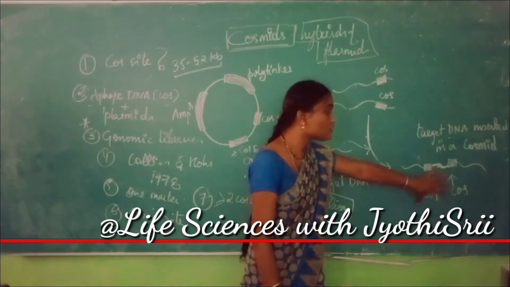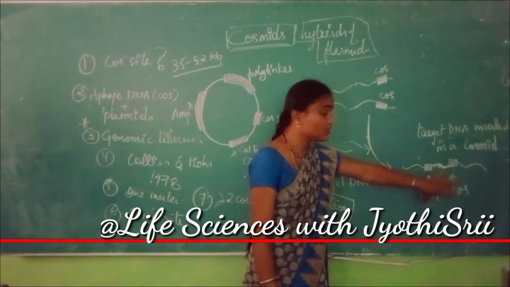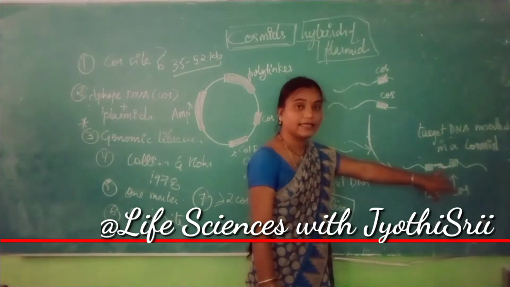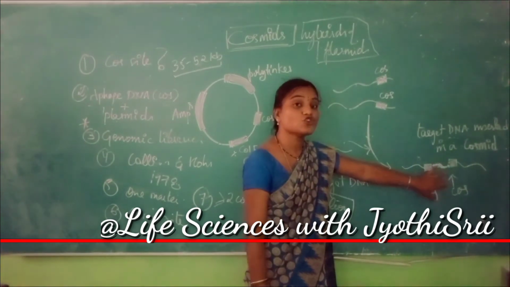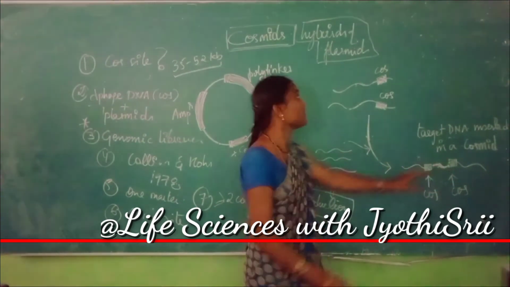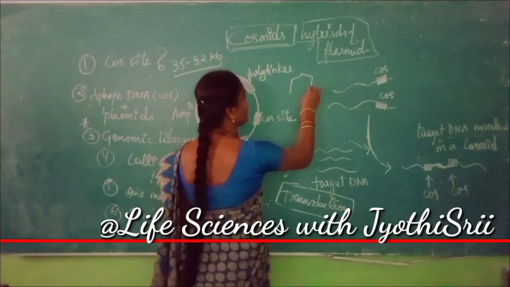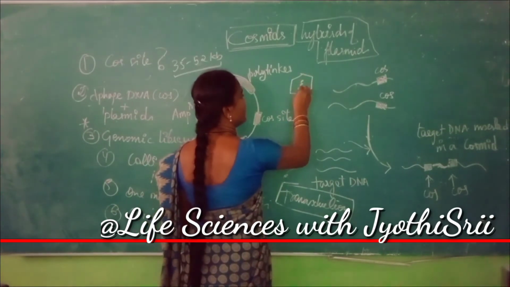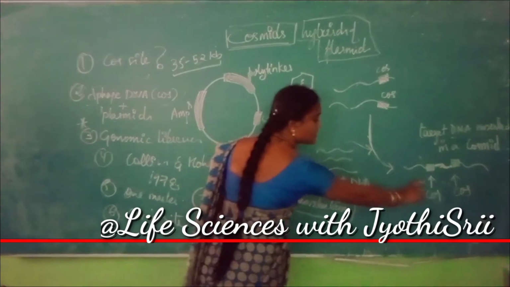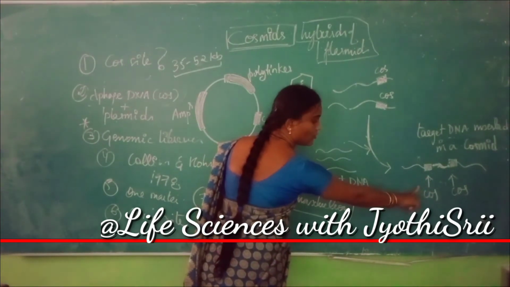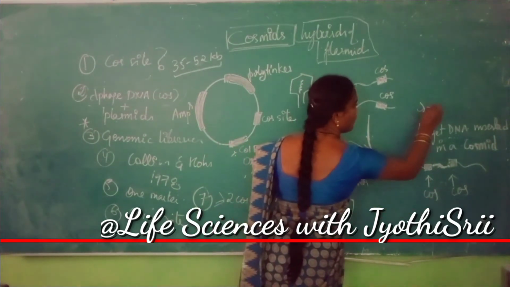rDNA molecule. So this cosmid vector carrying your target DNA molecule should get inserted into the phage head. So this is the phage head of your lambda phage. So this is your rDNA molecule. What is the rDNA molecule?